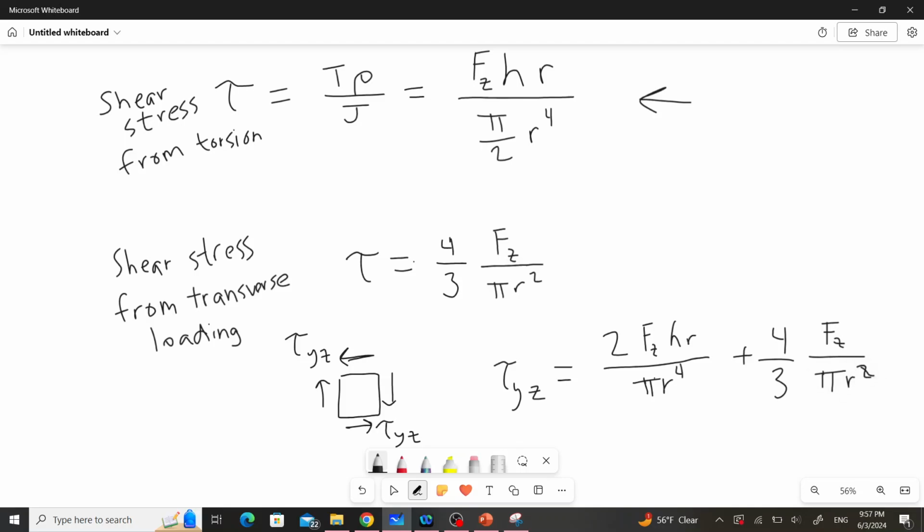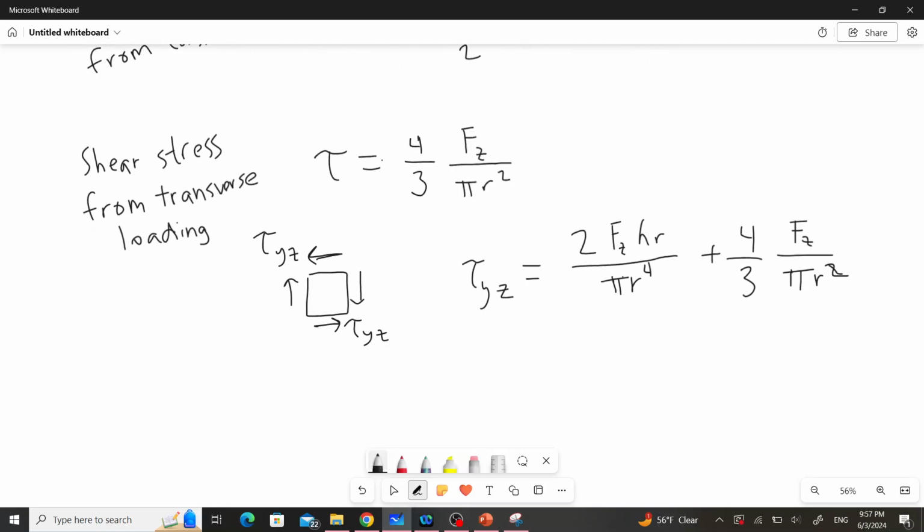And there's actually just a little more simplification we can do here. We won't simplify this as far as we could go, but you'll notice in this first term, the r in the numerator can cancel out with one of the r's in the denominator.